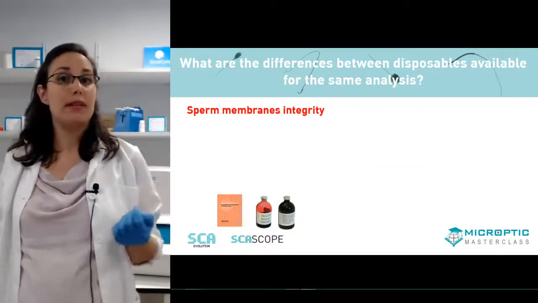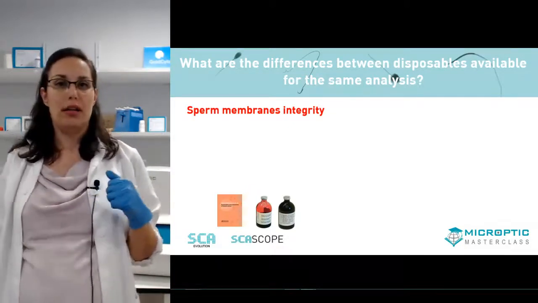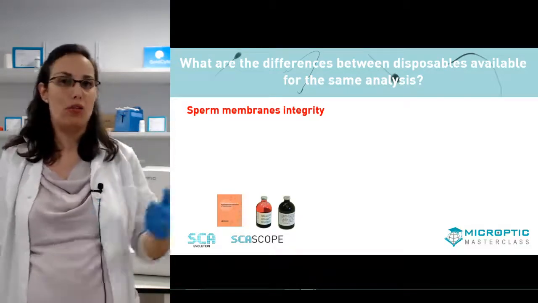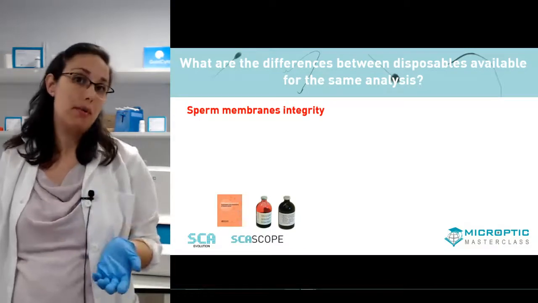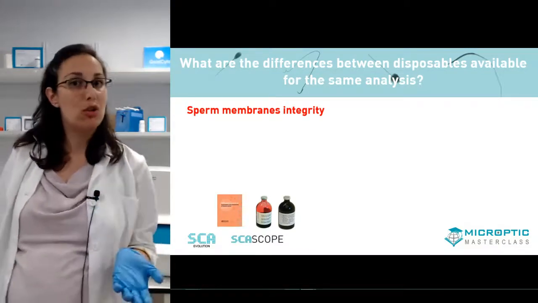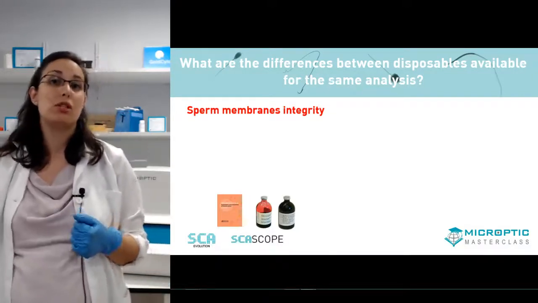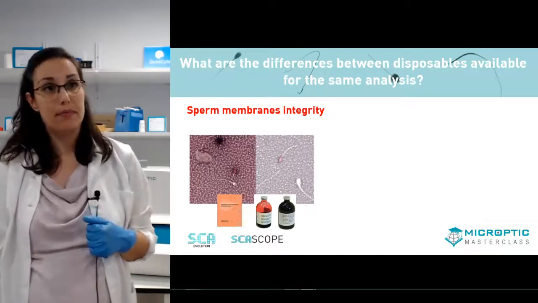In the same way that reactive oxygen species affect the integrity of the DNA, they could also affect the integrity of other membranes, like the plasmatic membrane. This is why, when there is poor motility or after cryopreservation, it is recommended to do a specific assessment of membrane integrity.